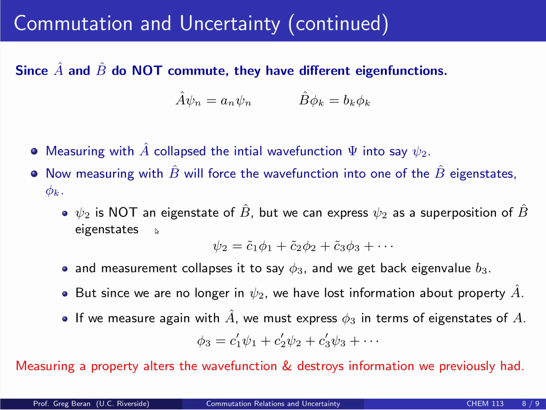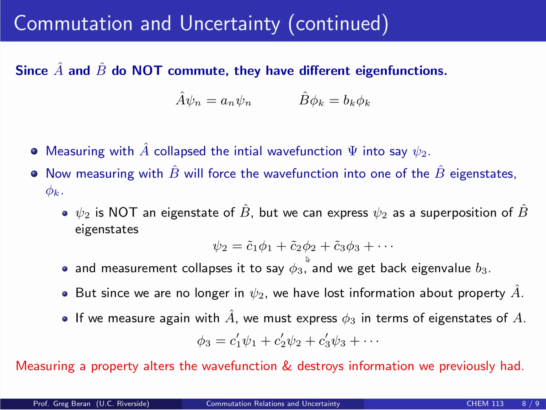In other words, because psi2 is not an eigenstate of b, we can express psi2 as a superposition of the b eigenstates. So psi2 will look like some c1 tilde phi1 plus c2 tilde phi2 plus c3 tilde phi3, etc. I put little tildes over these coefficients to emphasize that these are different numerical coefficients than the ones we had on the previous slide with c1, c2. It's some other linear combination. But the point is, this eigenstate of a can be represented as a linear combination of the eigenstates of b.